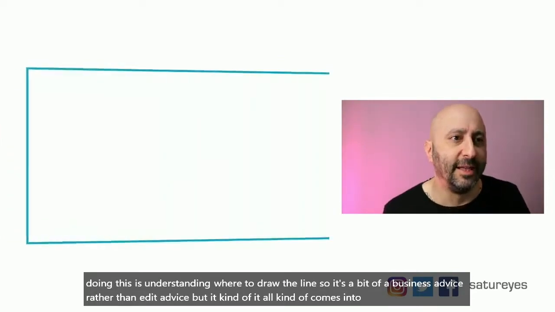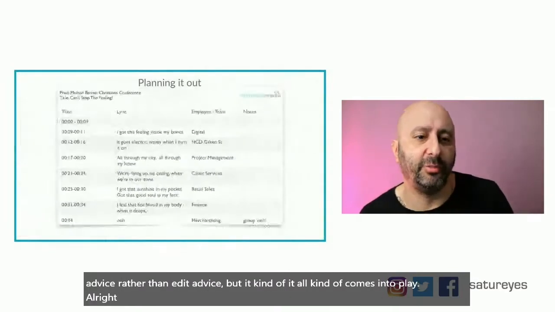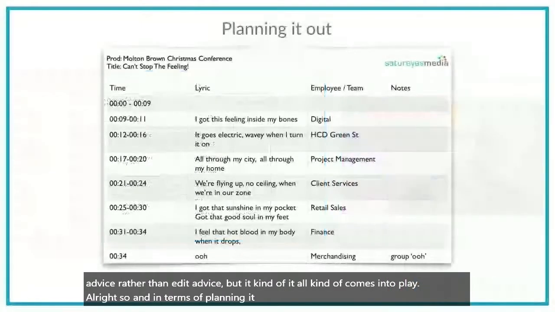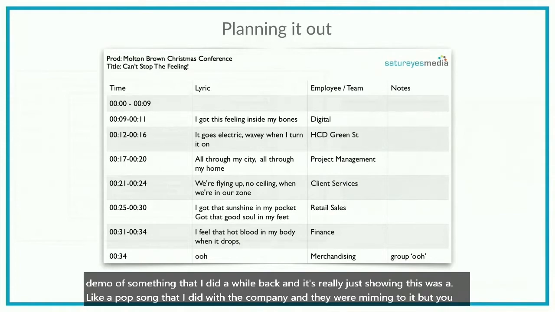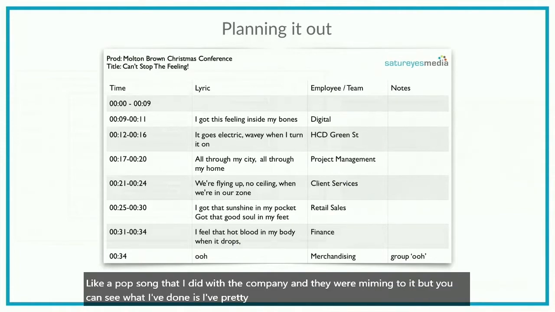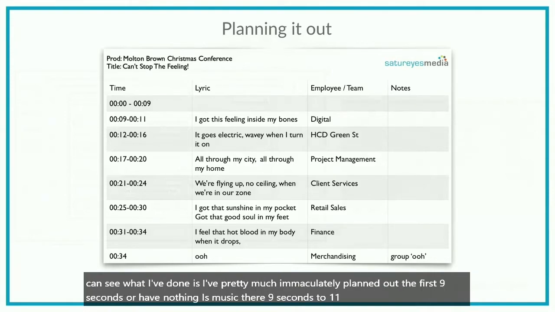All right. So in terms of planning it out, what I've got here is a demo of something that I did a while back. It was almost like a pop song that I did with a company, and they were miming to it. You can see I've pretty much immaculately planned it out: the first 9 seconds is nothing, it's music, then 9 seconds to 11 seconds, the lyric is that, and whoever's singing it, which team.